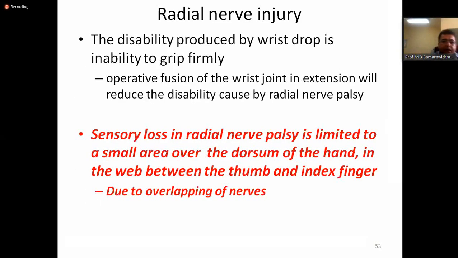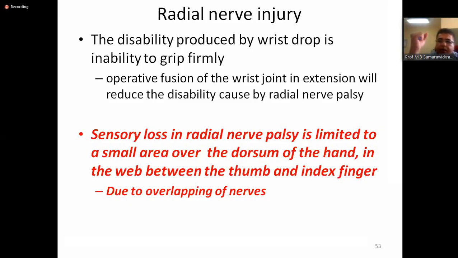Right. So the disability produced by radial nerve injury is wrist drop, and it results in inability to grip firmly. You will not be able to hold an object firmly without proper wrist extension. So you can test it yourself.